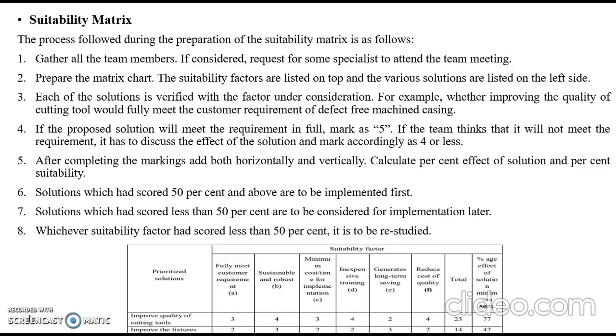On close examination of the table given, the solutions to be taken up on priority are one relating to the cutting tool and another relating to online checking gauges. The suitability matrix is a tool which is used for identifying and prioritizing the solution.